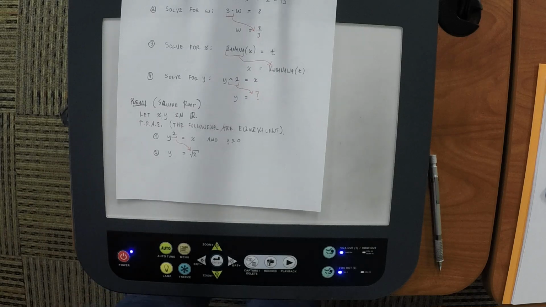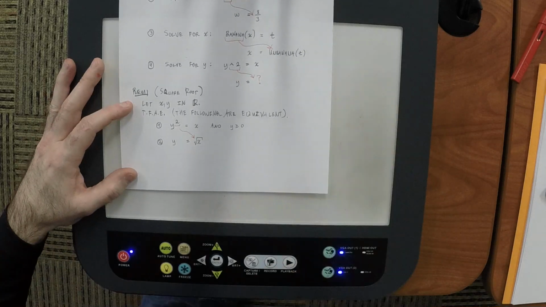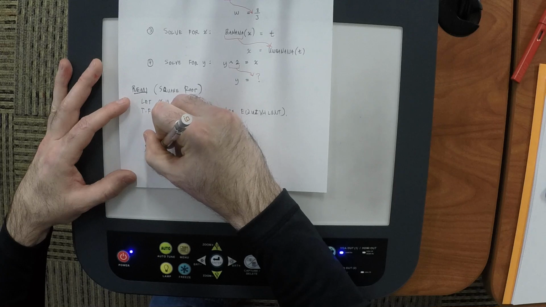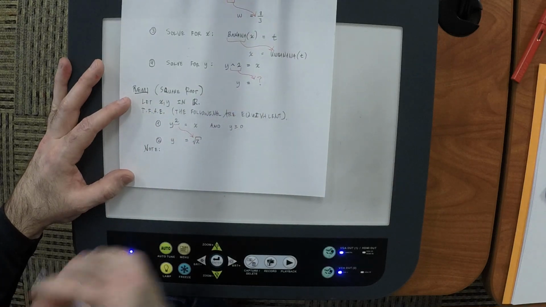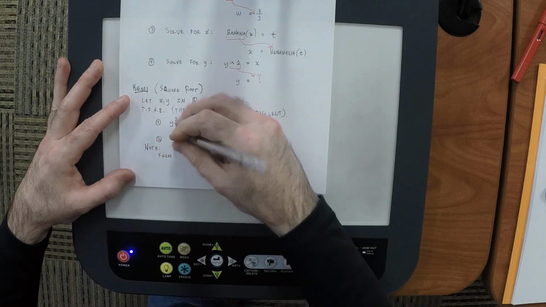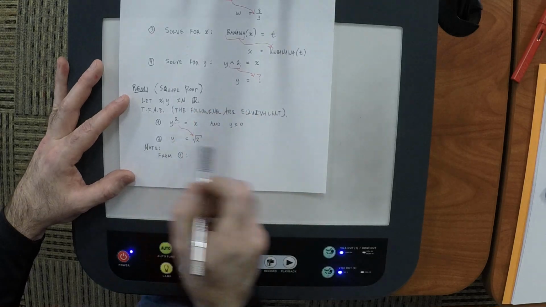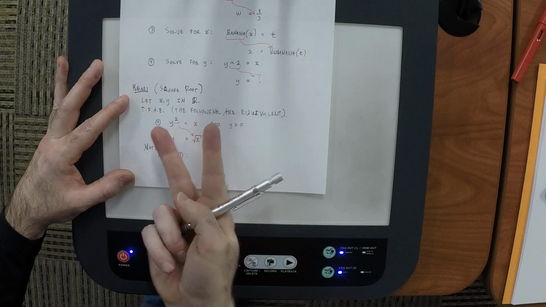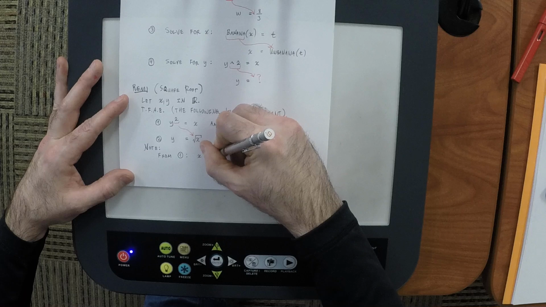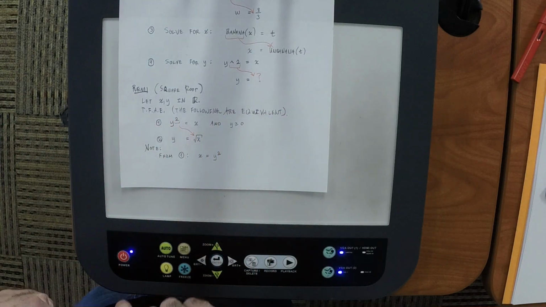A couple of comments about this. First note, from 1: if 1 is true, just switching the sides of the equation, we know that this is true. That's just putting it the other way.